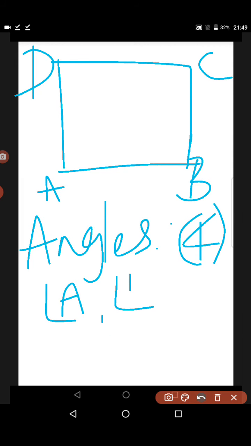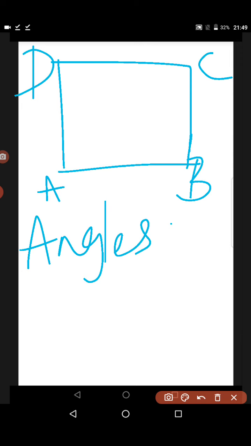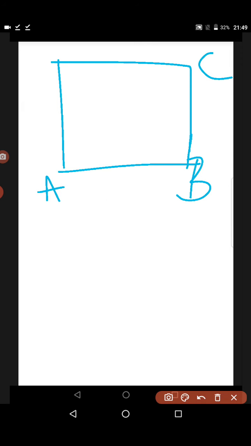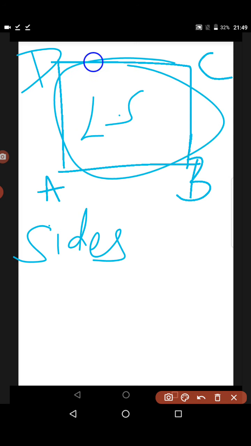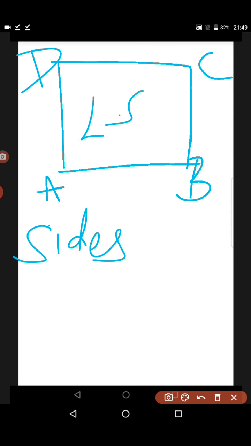Now let's look at the sides. Sides are nothing but line segments, because I already told you that polygons are made of line segments. That's why this is a polygon. We have 4 sides, but you cannot simply write A side, B side, C side, D side.